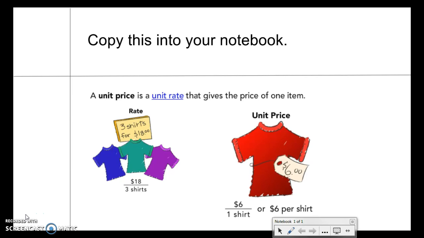As you can see here in this example, if you were to divide 18 by 3, you would find that each shirt would cost $6. So the unit price would be $6. Copy down the definition and the two examples. I don't care if you draw pictures of a t-shirt. I just want the important information like the prices. Okay?